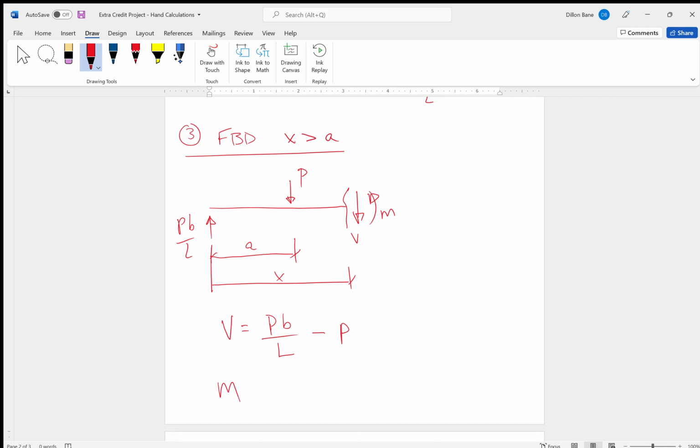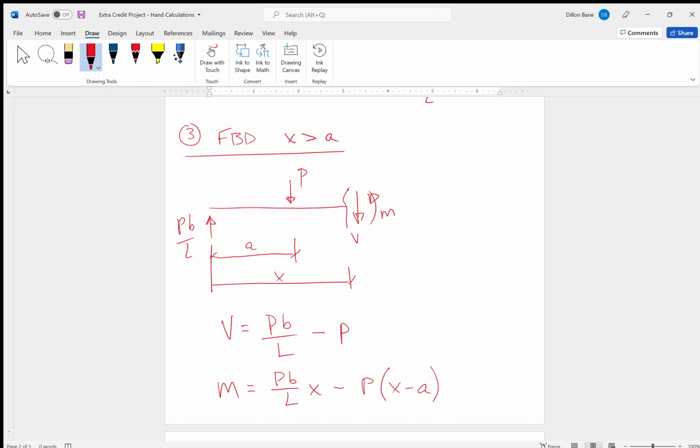And if we take our moments about the cut, what we end up with is PB over L times X minus P times (X minus A). So that ends up being my shear and my moment equations when X is greater than A, right? So when our X location is on the right side of the applied load P.